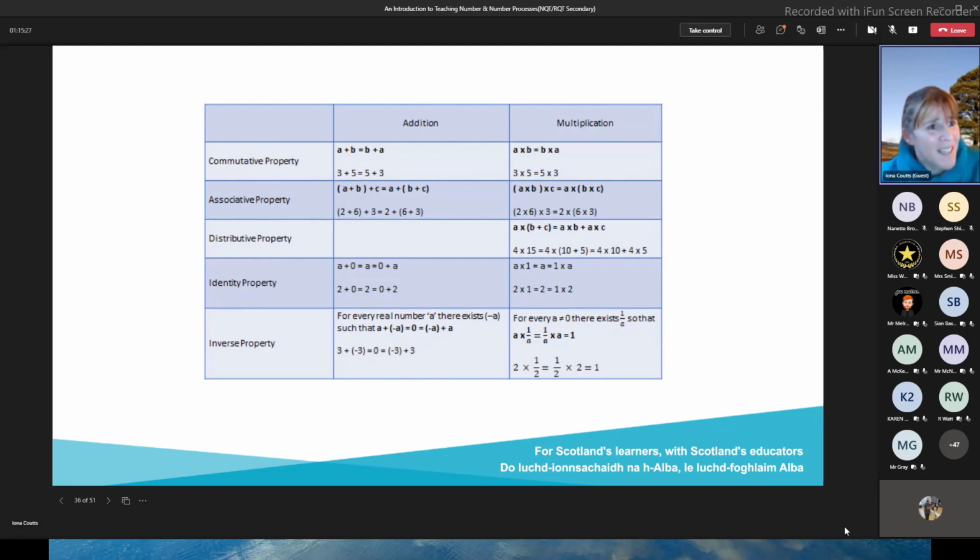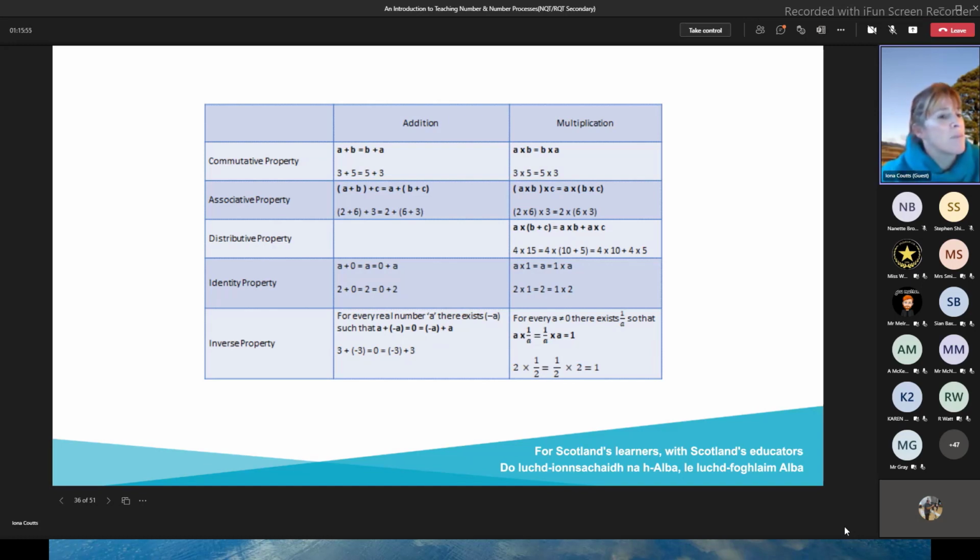Again, just coming back to this formal mathematical language, we've talked about commutativity and associative property as well, the identity property and the inverse property. Obviously, those 4 have an equivalent with multiplication. There's the additional one there about the distributive property as well. But for all of these properties that we had for addition, we've also got them for multiplication.